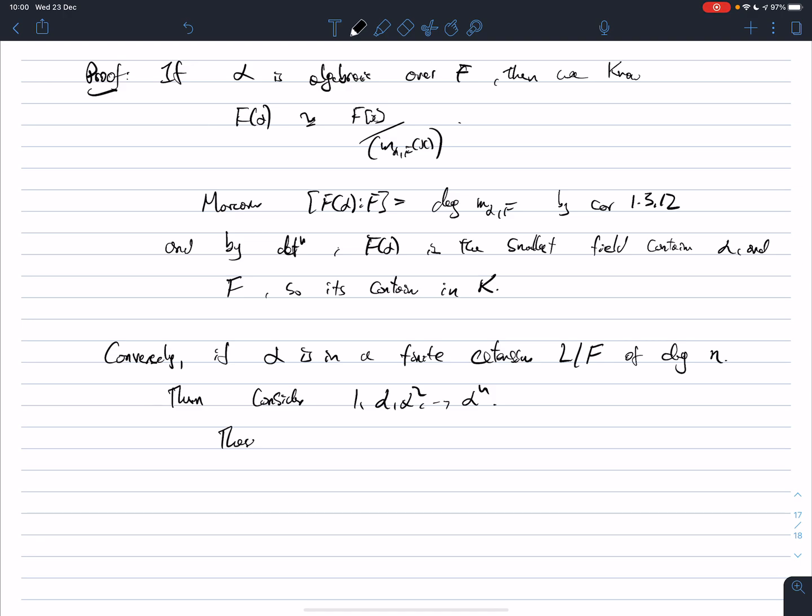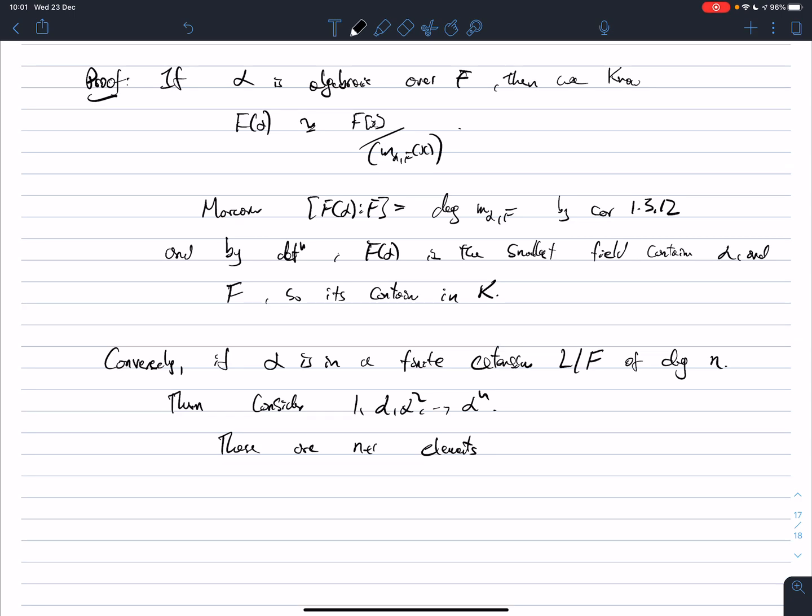These are n plus 1 elements in a field extension L over F of degree n. Think of this as a vector space of dimension n with n plus 1 vectors, so they have to be linearly dependent.